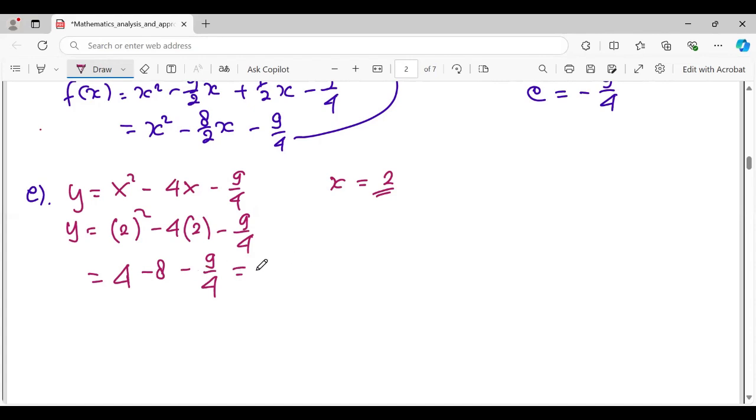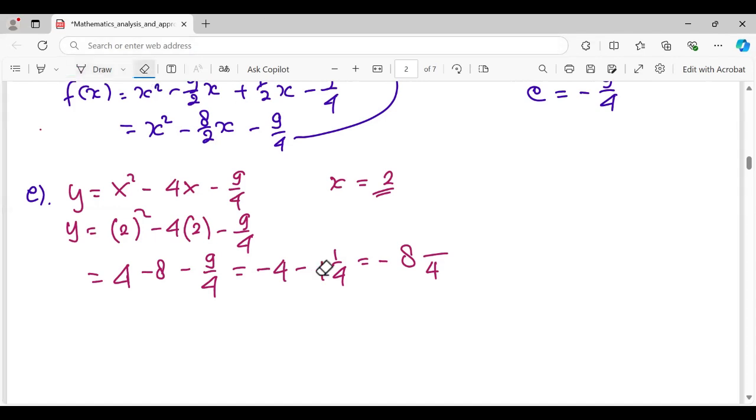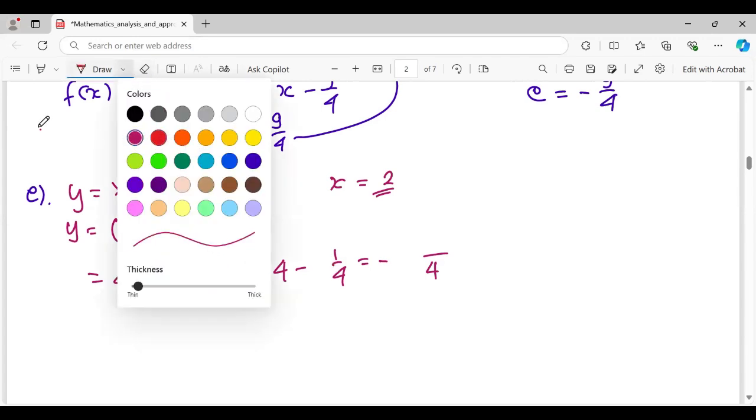So it becomes minus 4 minus 9 over 4. Sorry, this is actually 2, not 4.